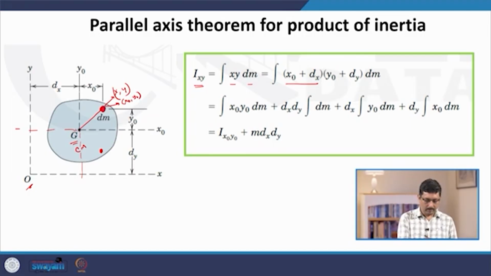The location of the center of mass with respect to origin O is dx and dy. So, from the figure x is equal to x naught plus dx, and y is equal to y naught plus dy.